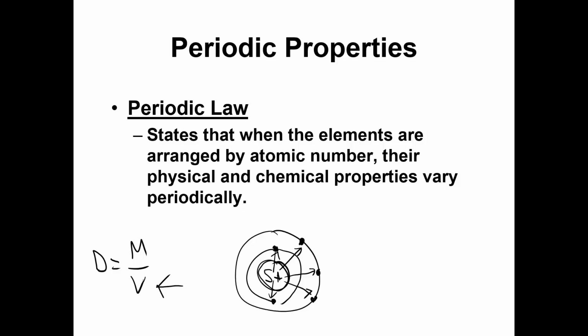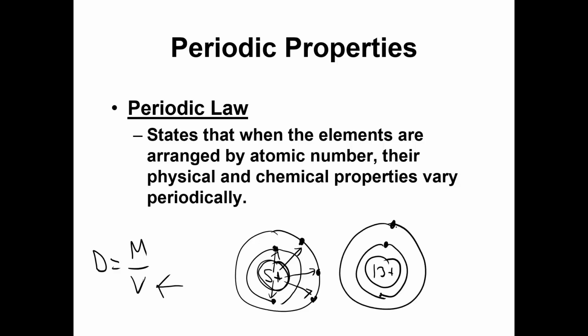Because you're just simply increasing the number of electrons here. So now if I go down from boron to aluminum, which has 13 plus in the center, okay, so we have 2 electrons on the first quantum level, and then 8 on the second. 1, 2, 3, 4, 5, 6, 7, 8.